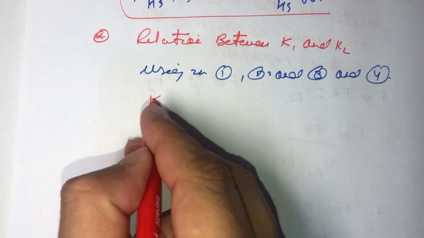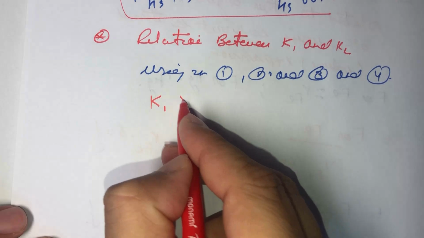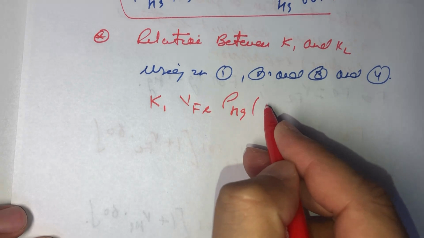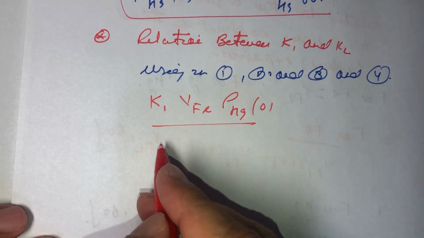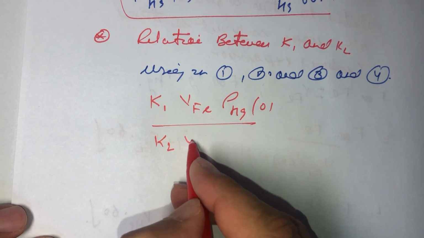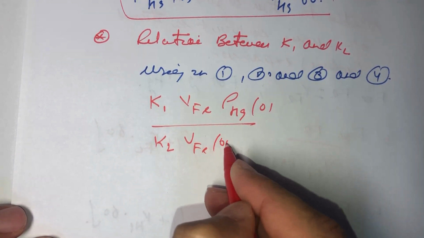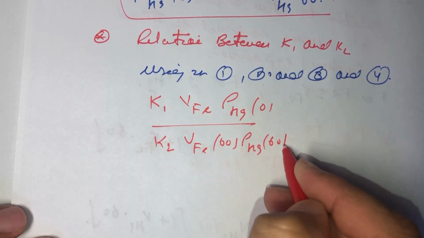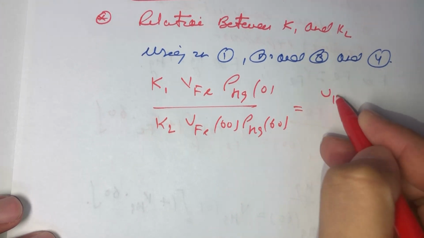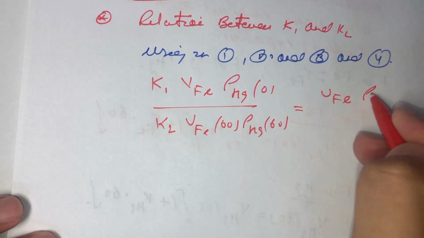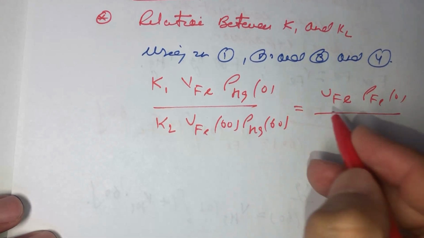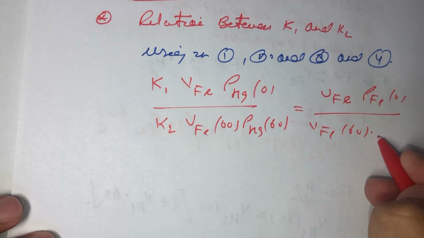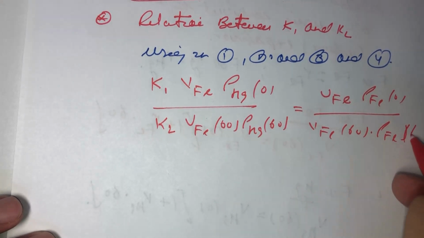we get K1 times volume of Fe and mercury density at 0 divided by K2 times volume of Fe at 60 and density of Hg at 60, is equal to volume of Fe and density of Fe at 0 divided by volume of Fe at 60 and density of Fe at 60.